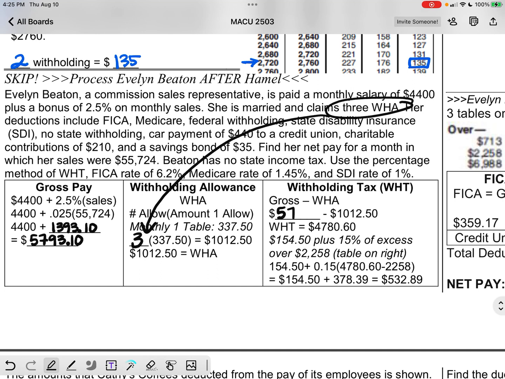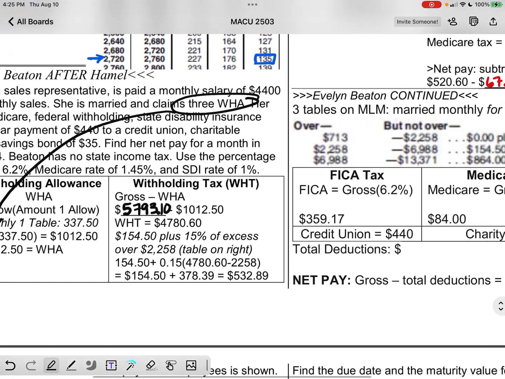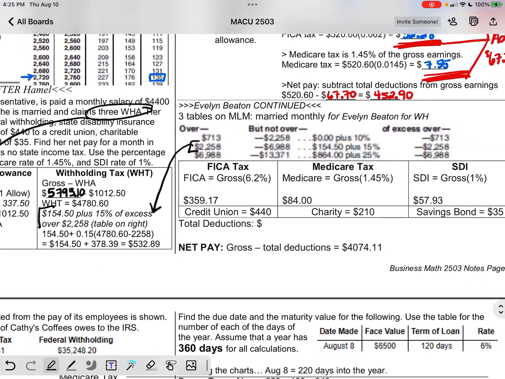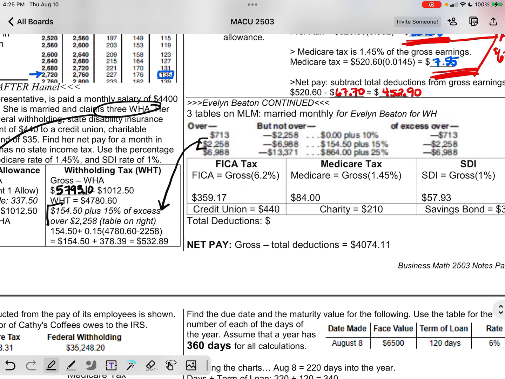Whenever I subtract that from gross, which we already did in the first column, I'm subtracting the 1,012.50, and I performed the rest of those calculations for you. Did you see? I wrote the sentence for you right here. I pulled that from this part of your table, so you could see how we're reading it and how you're pulling your numbers whenever you're plugging them in.